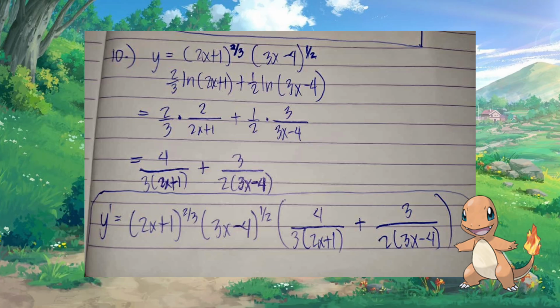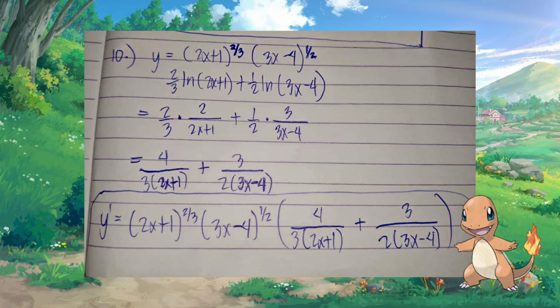Next, we need the derivative of the parenthesis. So the result is 2 over 3 times 2 over 2x plus 1.